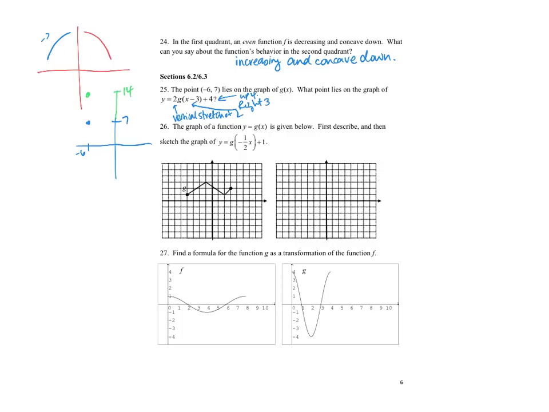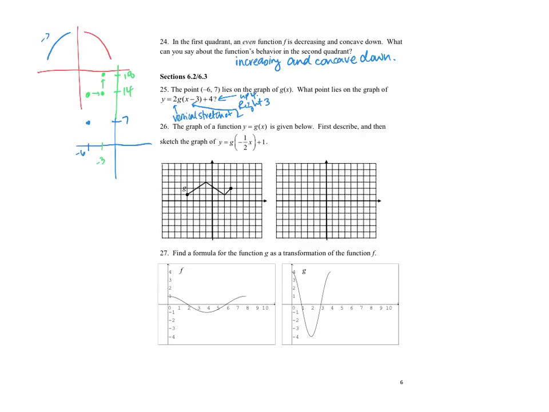Okay. Then I'm going to go to the right 3. So if I go to the right 3, I'll be here at -3, and then I want to go up 4. So that's to 18.